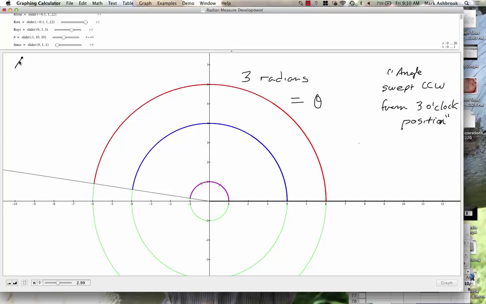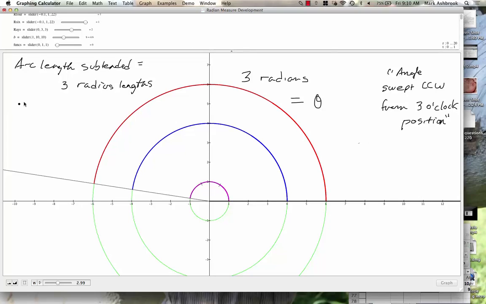So, theta can mean both. See, the arc length cut off, arc length subtended, equals 3, what's the unit for that? If it's the arc length subtended? Radius length, or radii, okay? That's like measuring distance around an arc.